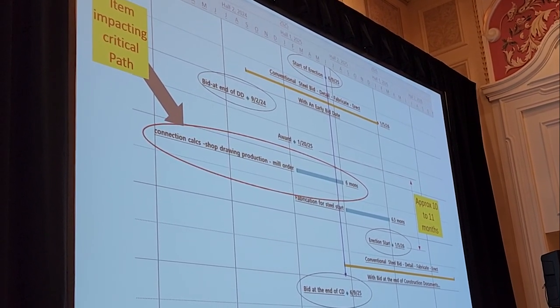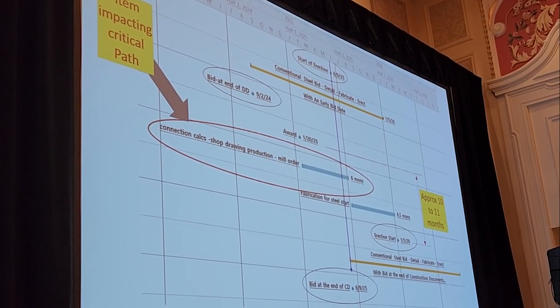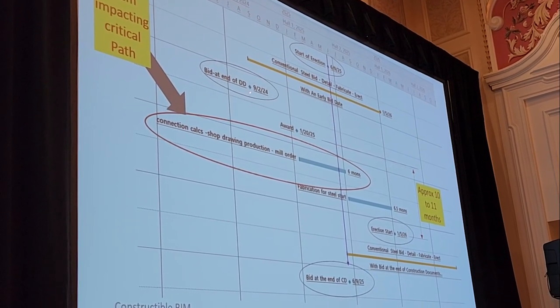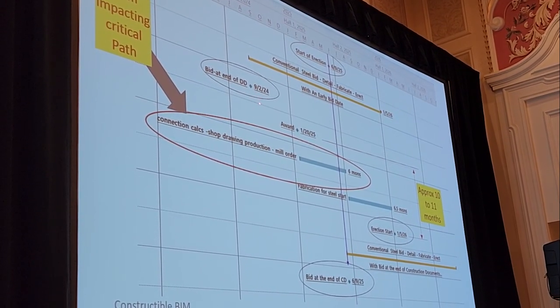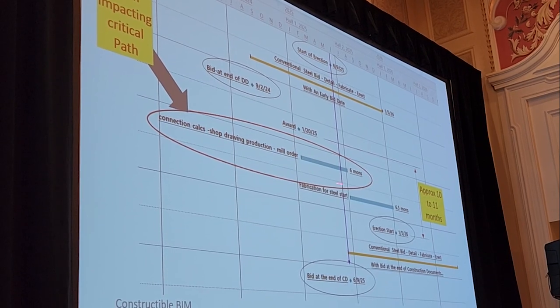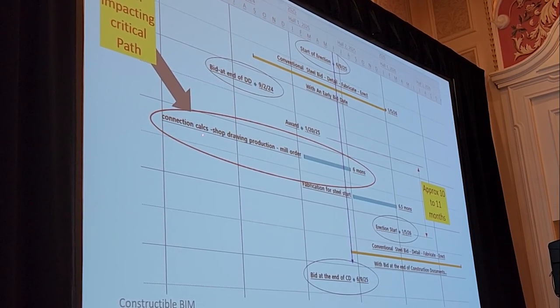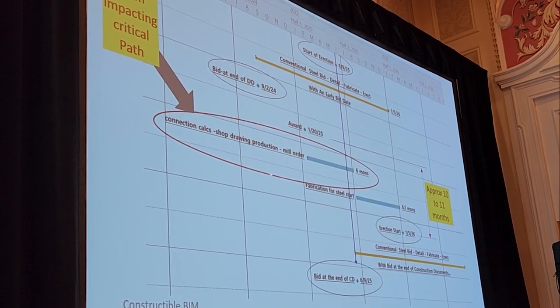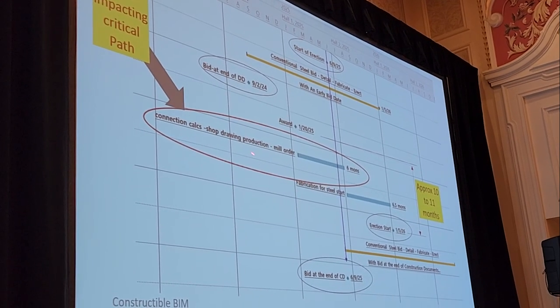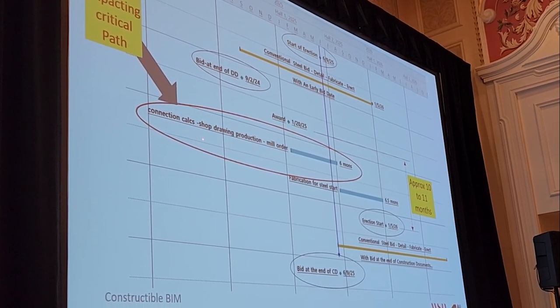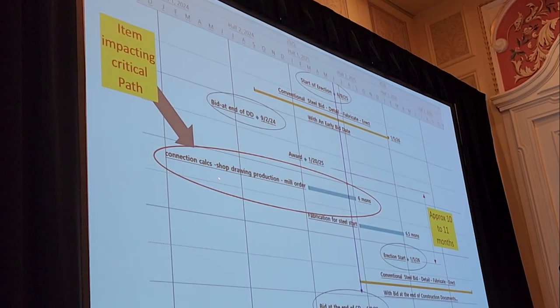We're not doing the connections, we're not doing the technical modeling, but we bid it at DD. Well, all of a sudden you got this extra step in here. You gotta make the calcs, you gotta do shop drawing production, you have to do mill orders, and connection calcs is a big deal, because I'm the one that always struggles with that.